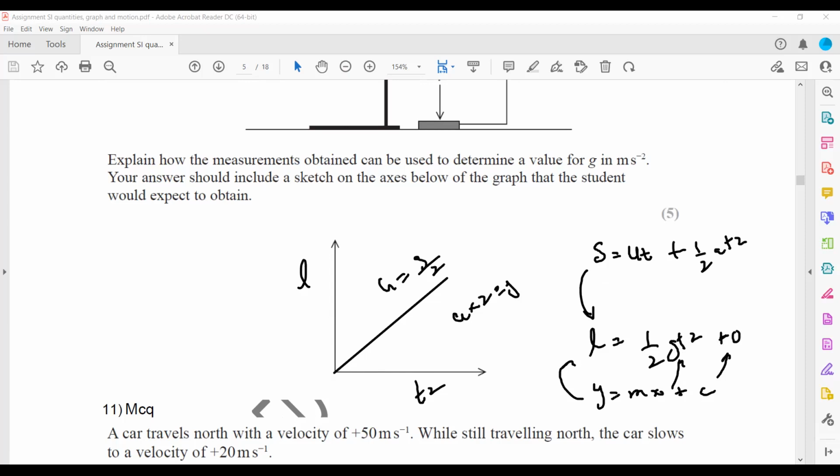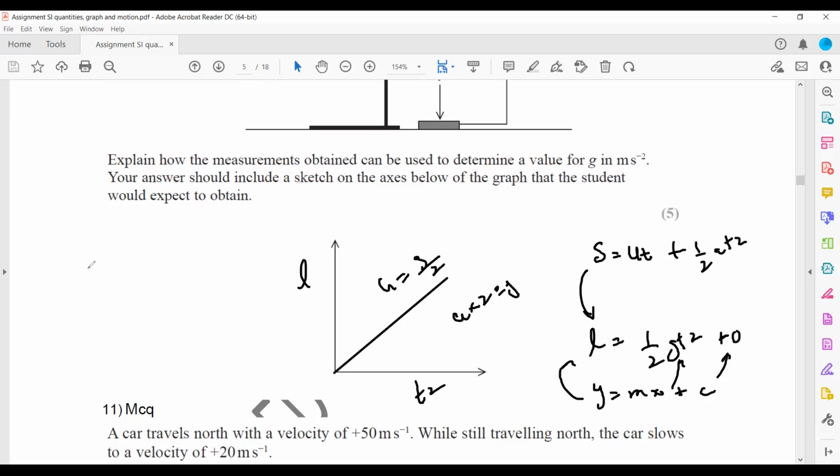This is question 10. Yes, sir. Sir, for the y-axis, why don't you take 2L, twice the length, then the gradient will be equal to the acceleration. I can take that, but normally when we plot a graph we don't involve a constant in the axis.